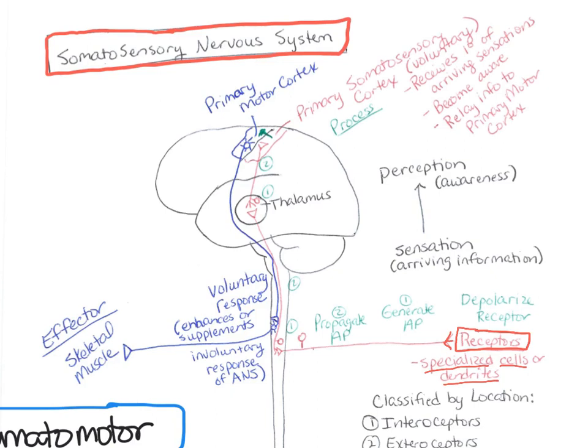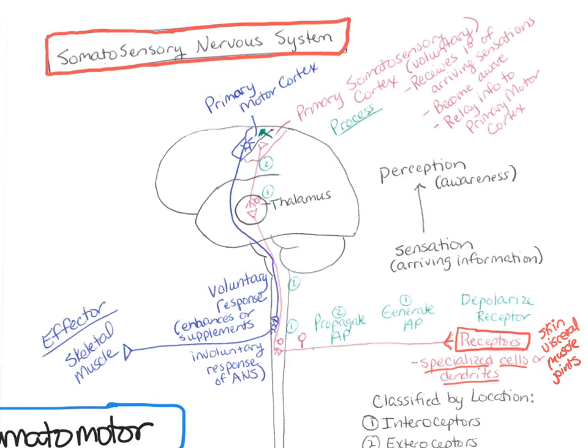That change could be a touch or pain or temperature changes or vibration or a tickle, but they're picking up some type of change. These receptors are going to be in the skin, or somewhere inside your body, like in visceral organs. They can also be in muscle, and they can also be in joints.